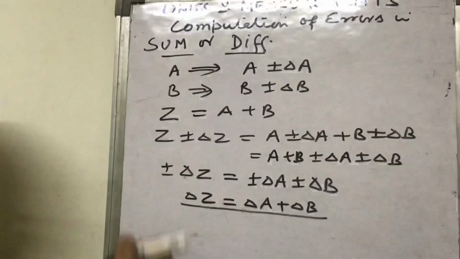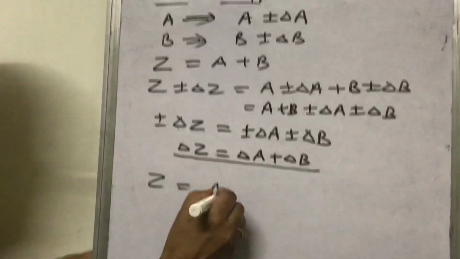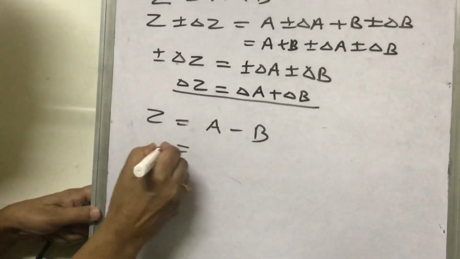Similarly, in the difference also, you have to do it yourself, like Z equal to A minus B. Then how will you write?